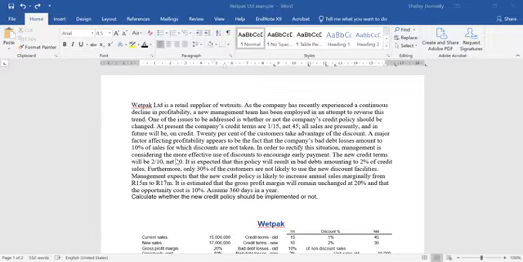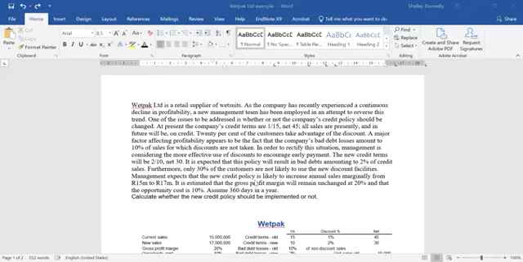So they're thinking about reducing both the discount period as well as the net credit period. And they're expecting that this policy will result in bad debts amounting to 2% of credit sales, and that'll apply to the 30% of the customers that aren't likely to use the new discount facilities.